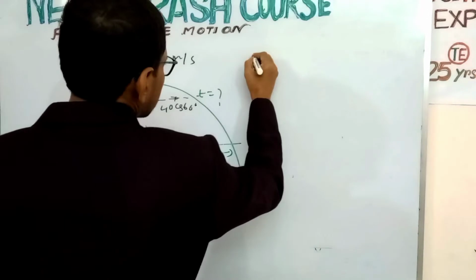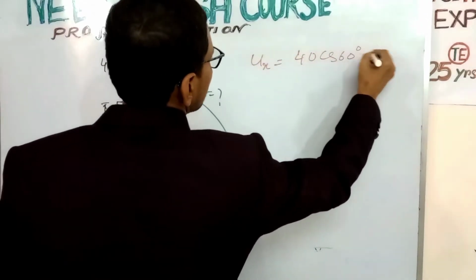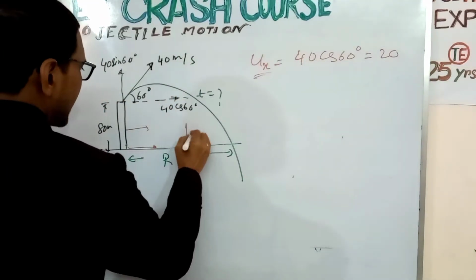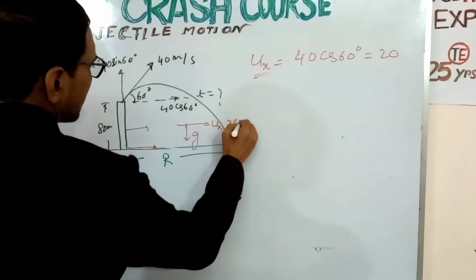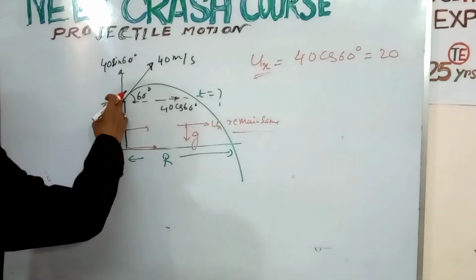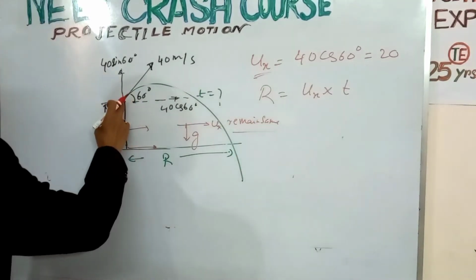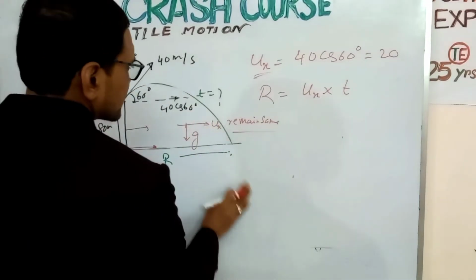The horizontal part, ux equal to 40 cos 60 degree, which is equal to 20. Acceleration due to gravity acts in vertical direction, so horizontal velocity remains same throughout the motion. So first we find the time taken, that is time of flight, from this to this.